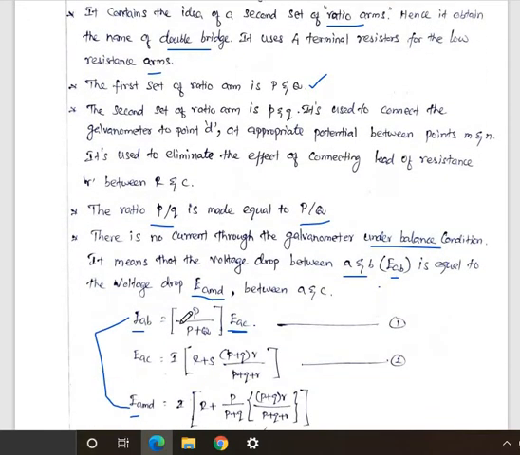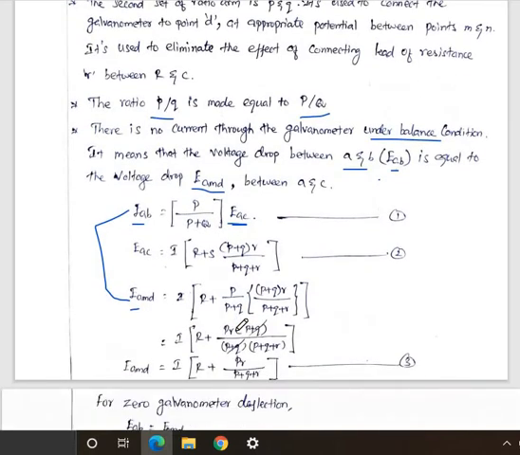So that can be written as P by P plus Q into EAC. Take that as equation number 1, and you can find out the value of EAC.